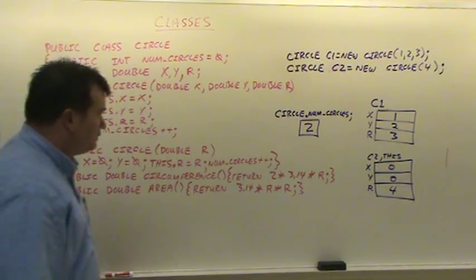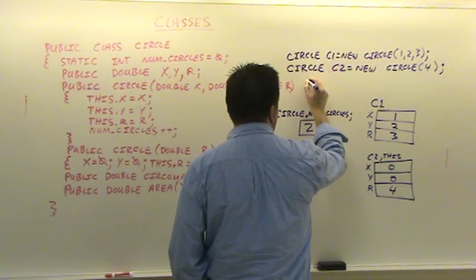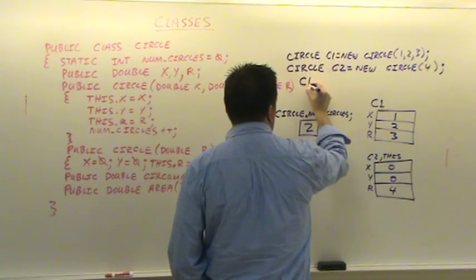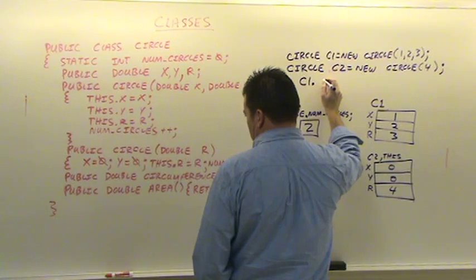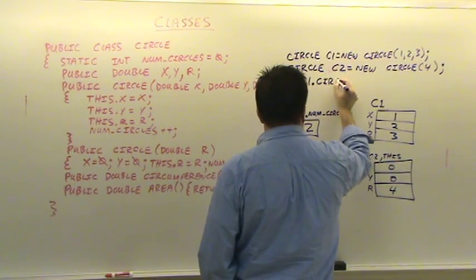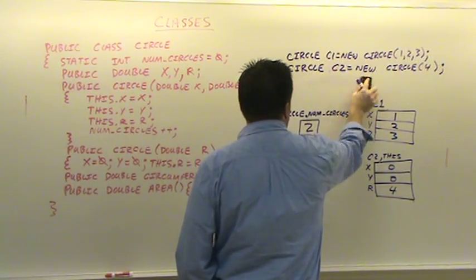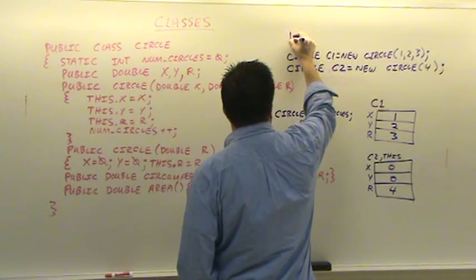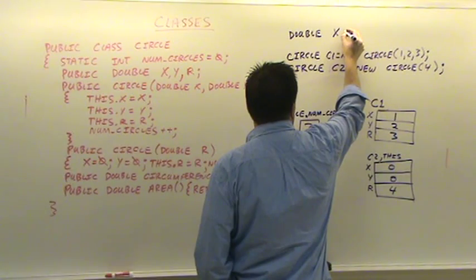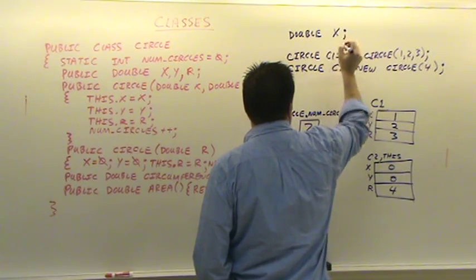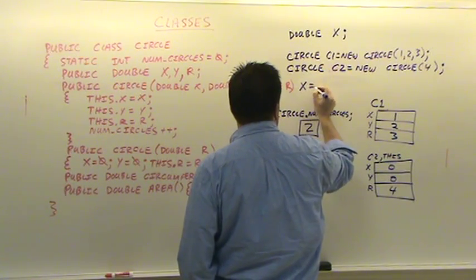So, suppose we decided to now say C1 circumference. We're going to need a variable like x equals.